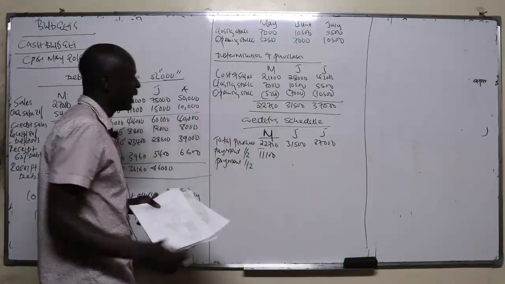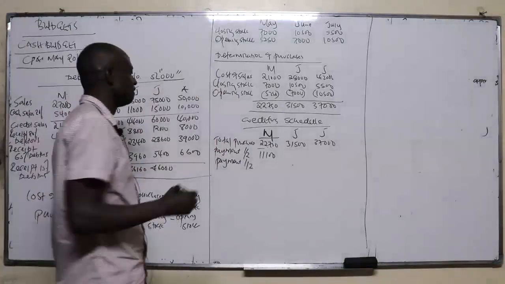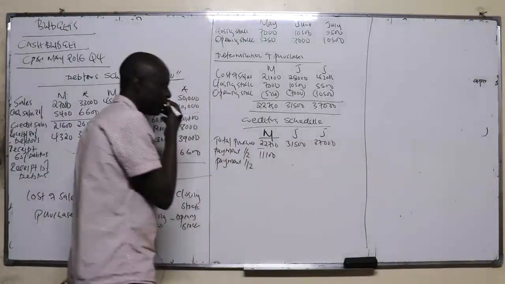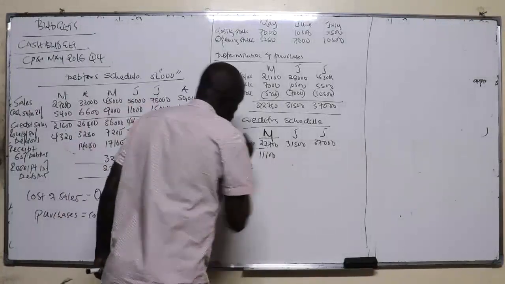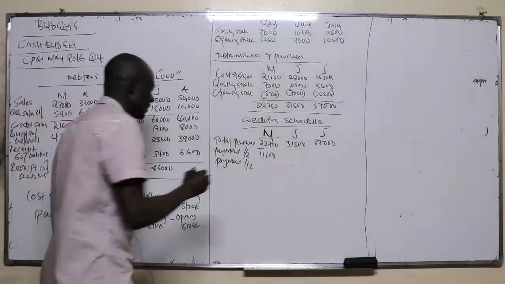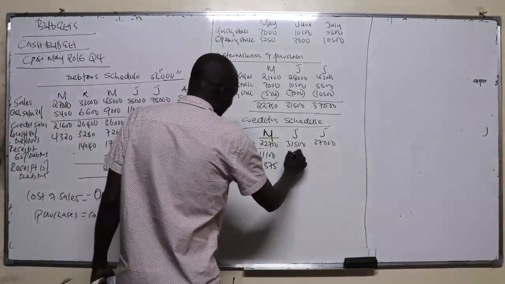And then now we pay a half of this one. A half of that one is how much? 22,750 divided by 2 is 11,375. So we pay a half here and the other half here, isn't it?